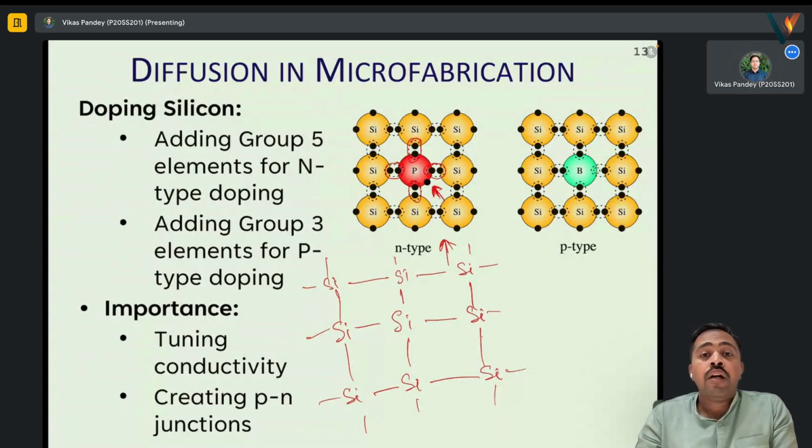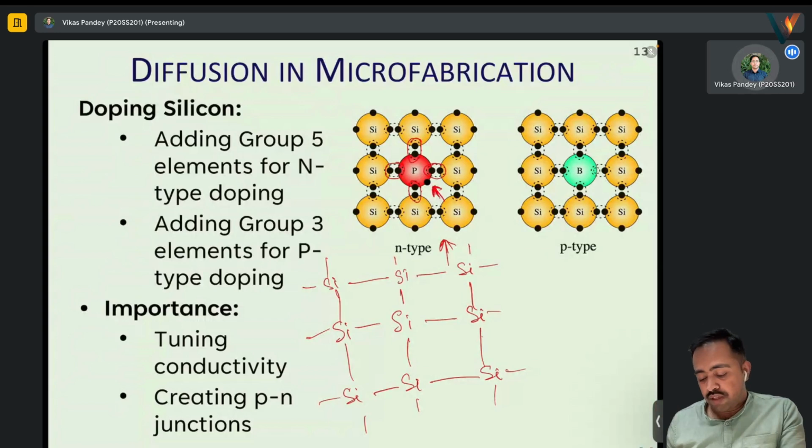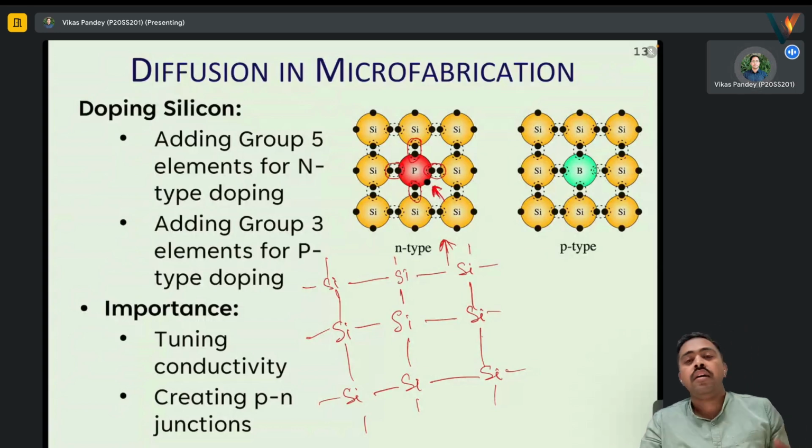Okay, this is desirable to increase the electronic conductivity, and that is why it is n type or negative type, since electron is present in excess.